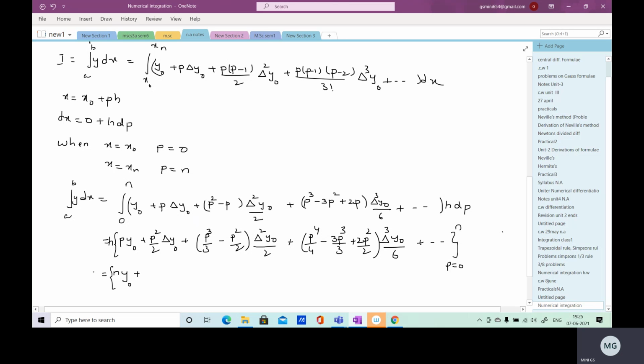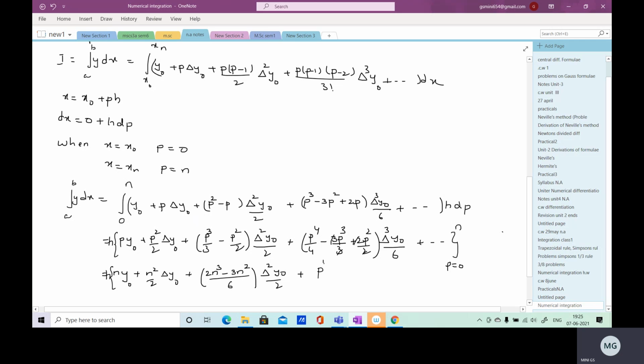So let me write it is equal to h into n y naught plus n square by 2 times del y naught plus 2n cube minus 3n square divided by 6 times del square y naught by 2 plus, here I can cancel 3, I can cancel 2.